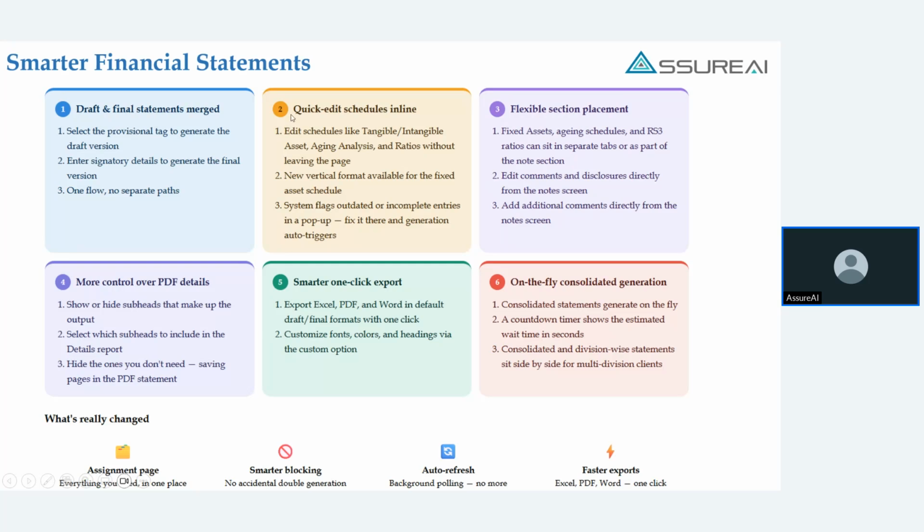You will now be able to quickly edit the schedules right from the statement page without navigating outside the page and coming back. Consolidated statement now gets generated on the fly, and you can see the division wise and the consolidated statement side by side. I think I will cover these via a demo to make it clearer.